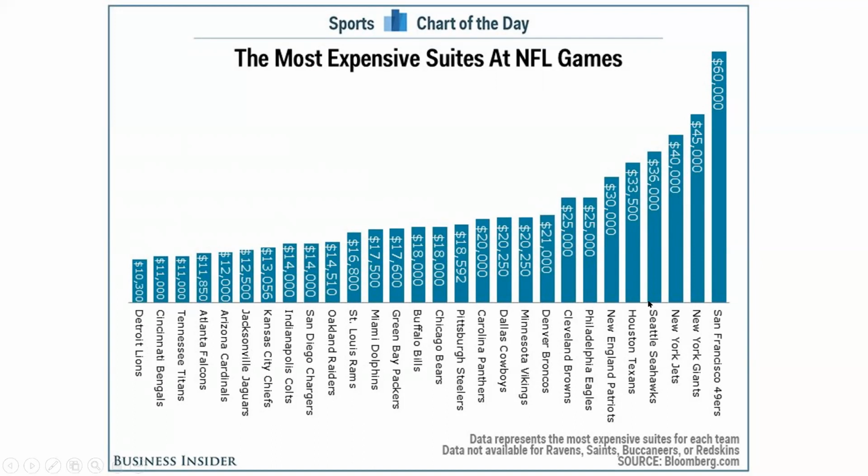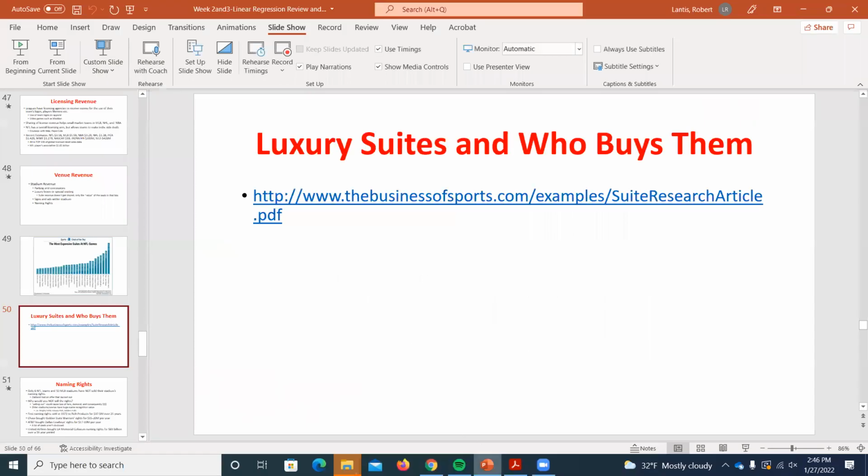Same kind of idea with Seattle, like Boeing's out in Seattle, and there are some other huge companies. New York, obviously, I couldn't even name all the companies that are there, probably purchasing suites. And if you're thinking about cities that are struggling, in terms of maybe being on the decline in terms of the companies that are there, Detroit, Cincinnati, maybe that's what we would expect. Now, there's a bunch of factors that go into that, but that is one of the things that's driving San Francisco to be the highest.